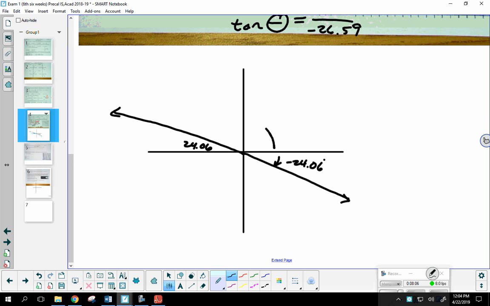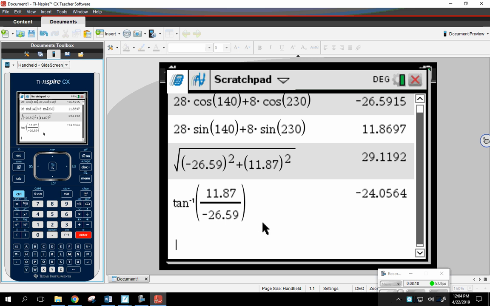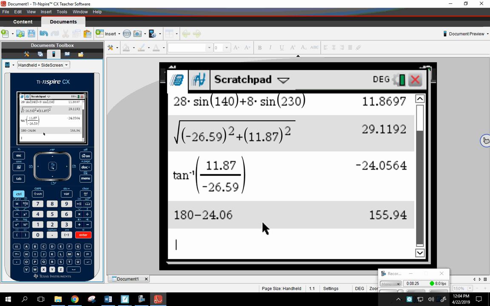What I need to know is how far we've rotated so that I have an angle of 24.06 left over. Or 180 minus 24.06. So we'd be looking at about 155.94 degrees.